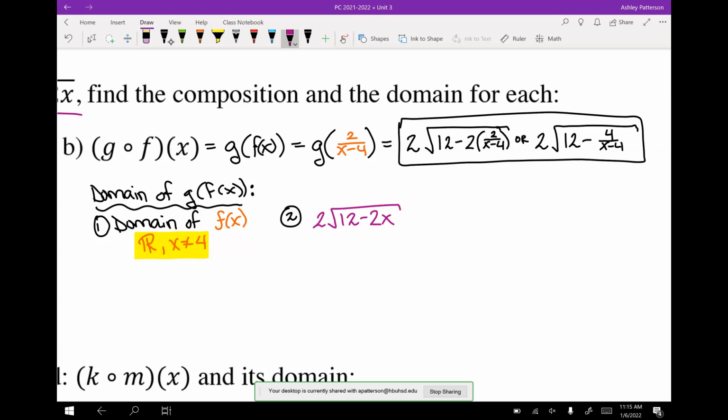Peyton? If we're finding the domain, we set the square root to be greater than or equal to 0. But if we need to find the restrictions, we're going to set the square root to be what?